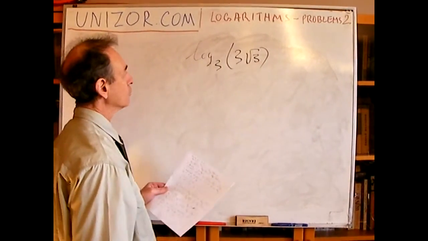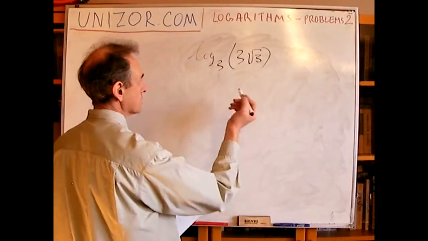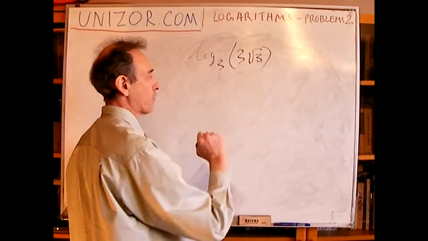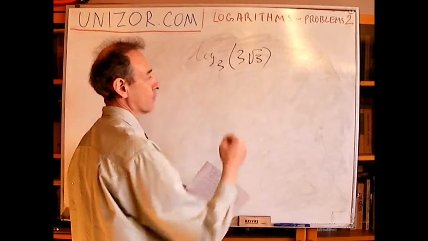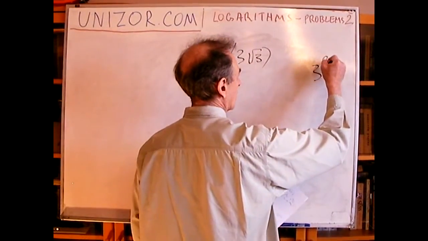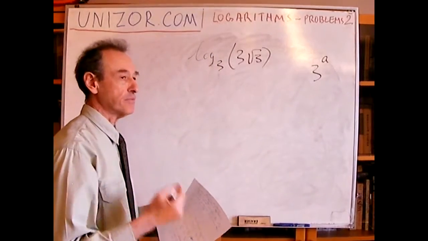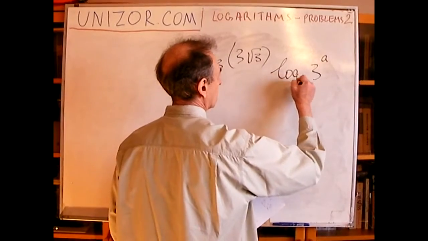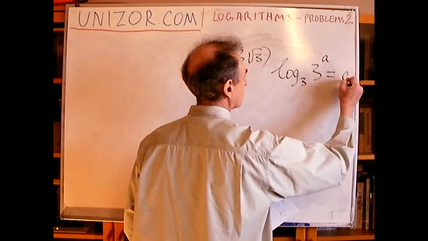Now, how to calculate this? Well, here is how. First of all, you have to express the value in parentheses as a power of 3. If you do that, then obviously the logarithm is equal to a.